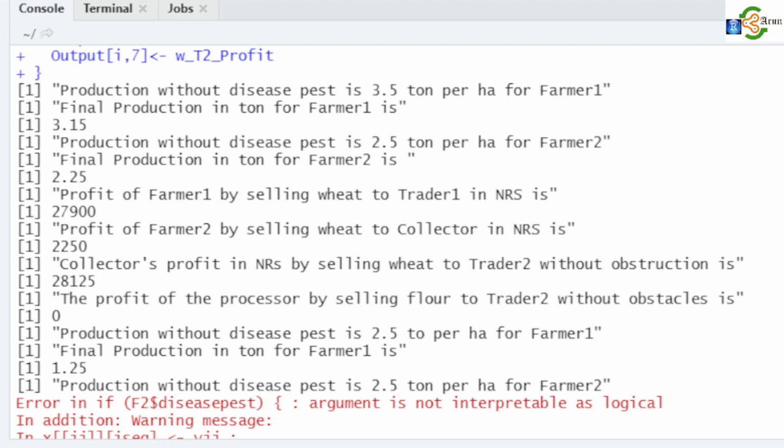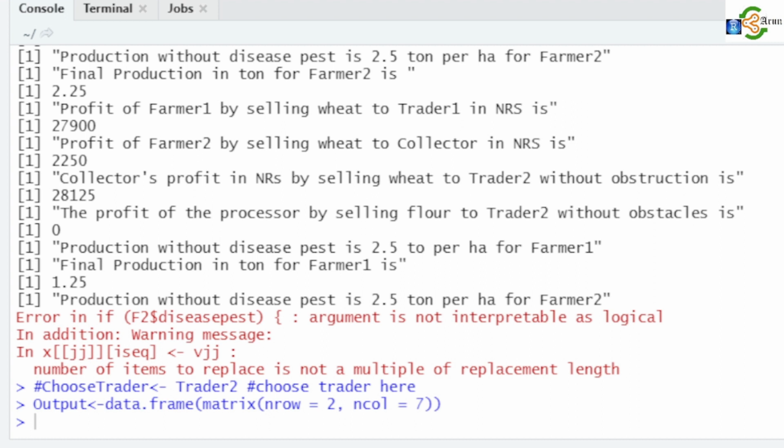For this, I will make an output matrix here, and for the first time I will run it. Let me see here, just a moment.